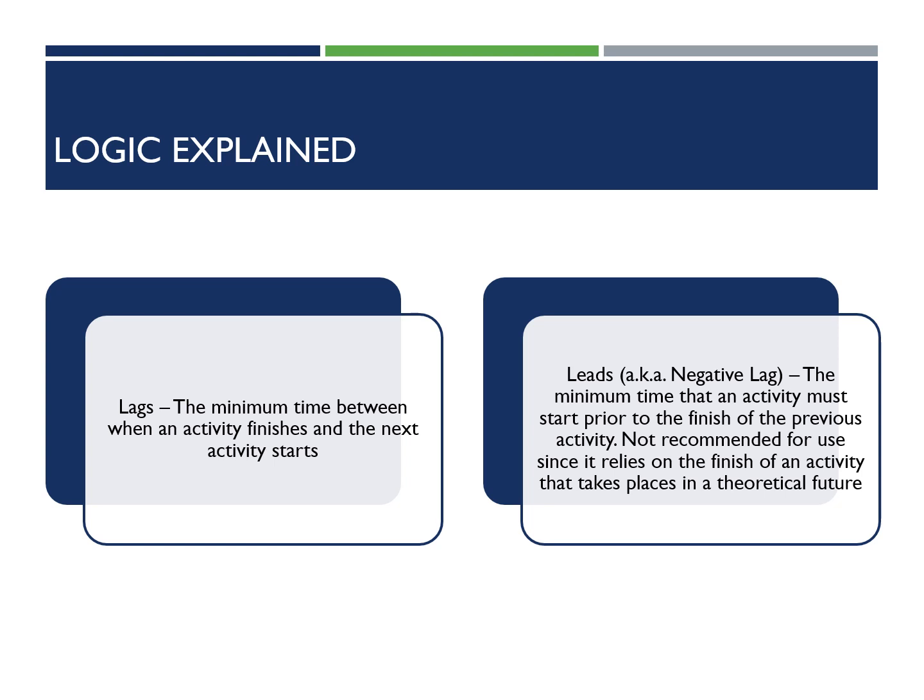Leads, on the other hand, which are considered to be negative lags, are not a desirable way to manipulate a schedule. So leads would be negative lag. So you're saying activity A is going to finish, but I want activity B to start 3 days before activity A finishes.